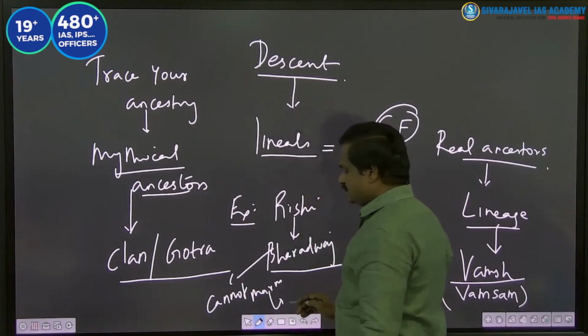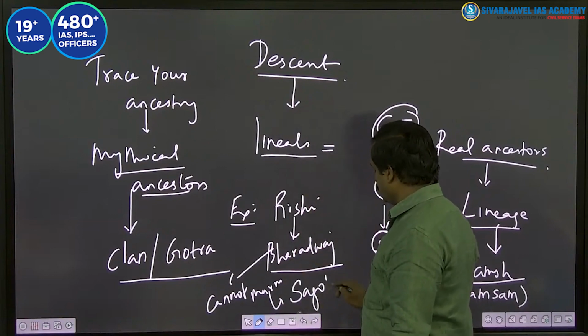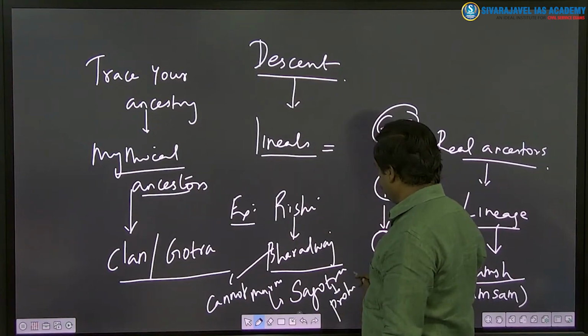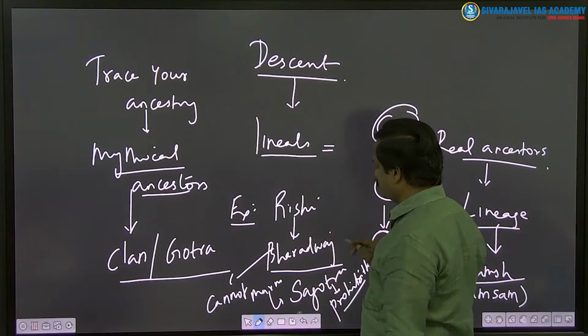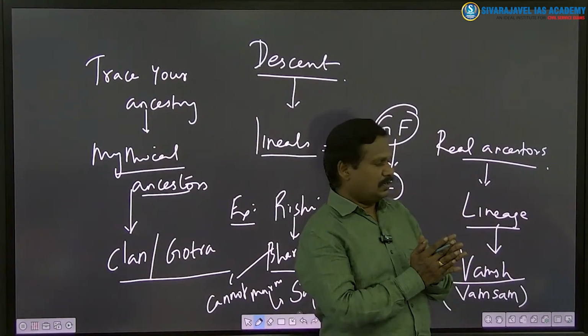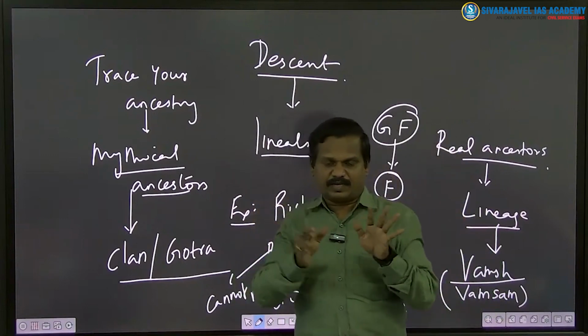So same Gotra marriages, Sagotra marriages, are prohibited. You cannot marry a person belonging to the same Gotra. Sagotra means same Gotra. Same Gotra people are imagined as if they are blood relatives, so they cannot marry.